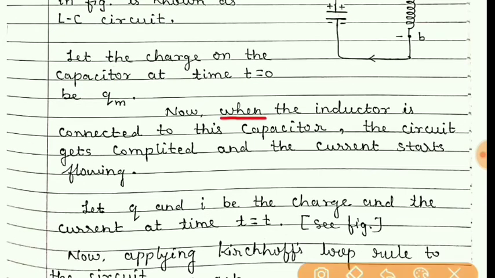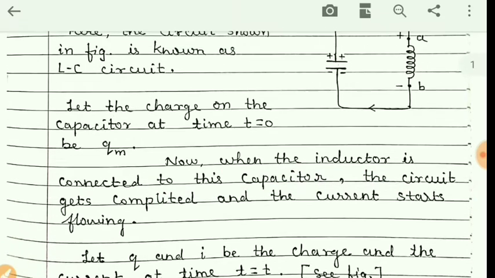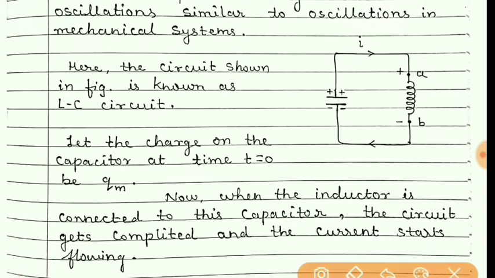Now when the inductor is connected to this circuit, the circuit gets completed and the current starts flowing. As I said, as soon as the capacitor is connected to an inductor, a closed circuit is obtained, and so now the current will start to flow through the inductor.